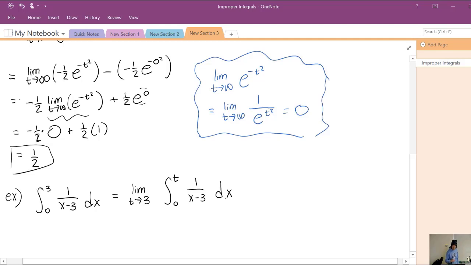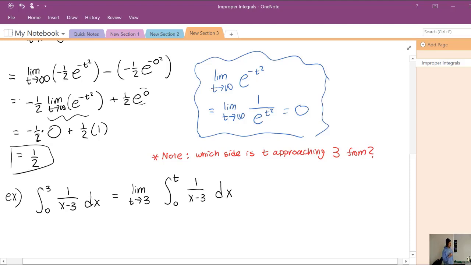For type 2s, it is also important to consider which side, left or right limit, t is approaching the boundary from.